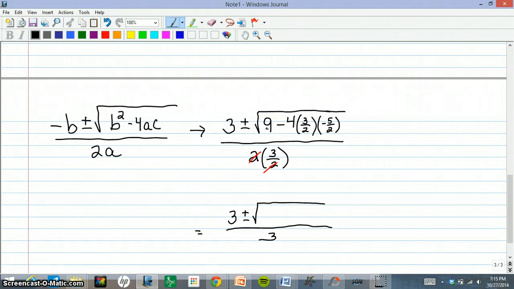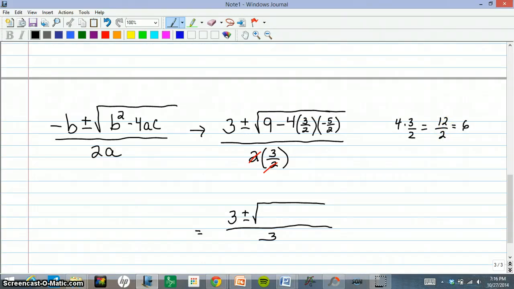So we can do this multiple ways. I will multiply 4 times 3 halves, which makes 12 halves. So right here, a little bit of side work. 4 times 3 halves is 12 halves, which makes 6.